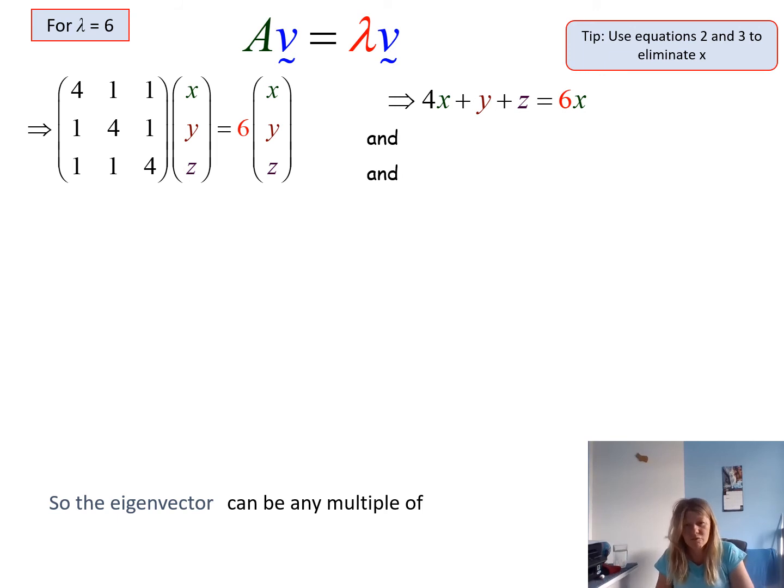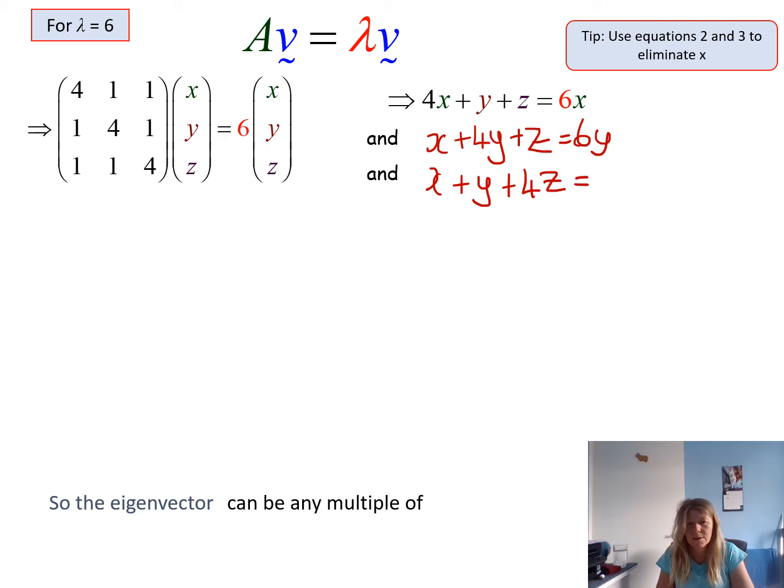Right, expand each row. So the top row's been done for me. The second row now, x plus 4y plus z equals 6y, and then we've got x plus y plus 4z equals 6z. Right, fun now is to solve those simultaneous equations. You might want to write them all equal to 0.